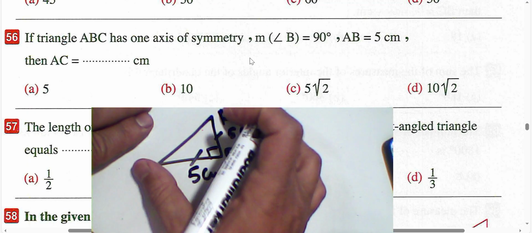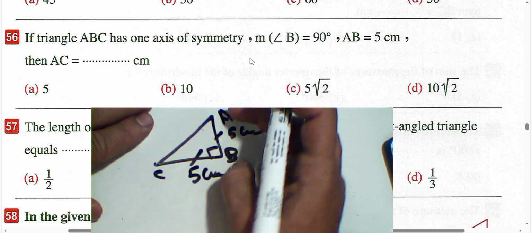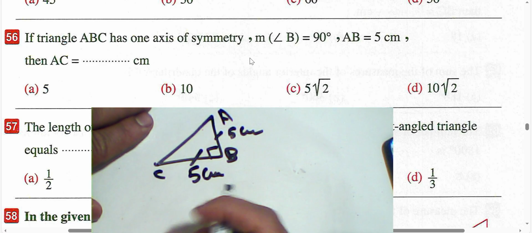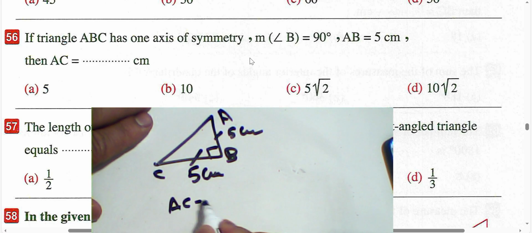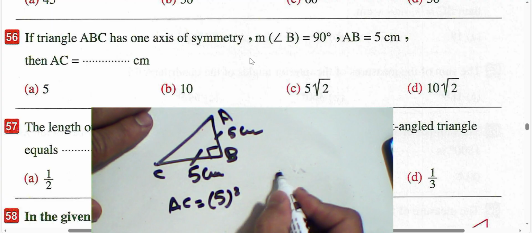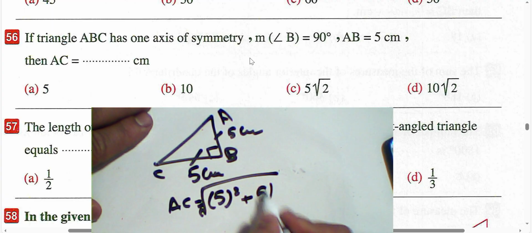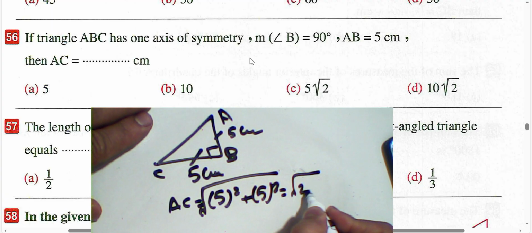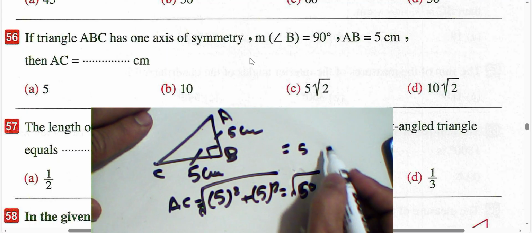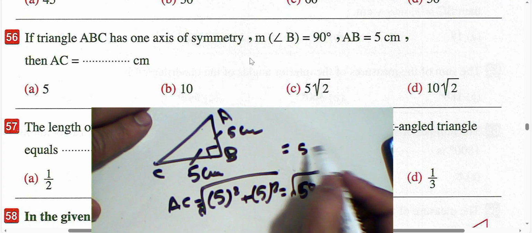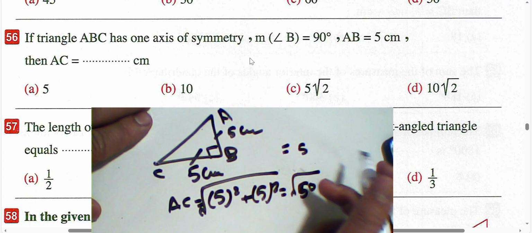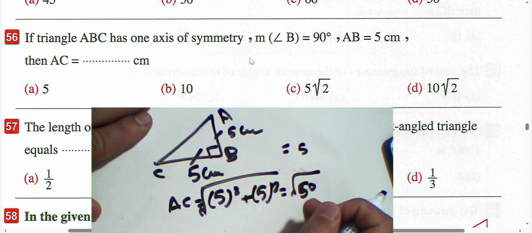We can find AC from the Pythagorean theorem. AB squared plus BC squared, and then find the square root. Then AC equals the square root of 5 squared plus 5 squared, equals the square root of 50. 25 plus 25 is 50. The square root of 50, what will it be? We have 25 times 2, and the square root of 25 is 5.